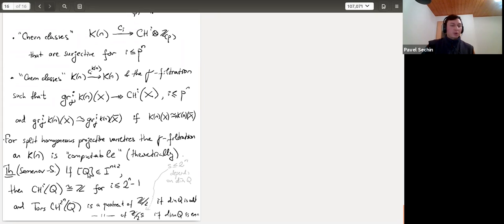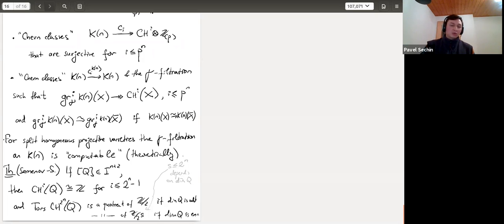Then for such quadrics, there is no torsion in Chow groups up to dimension 2 to the power n minus 1, and the torsion in the next Chow group can only be cyclic with one generator, and it's at most Z modulo 2 if the dimension of the quadric is odd. Our estimates give slightly bigger estimates for dimension of Q even, but these estimates, again, are bounded above by a function of n.